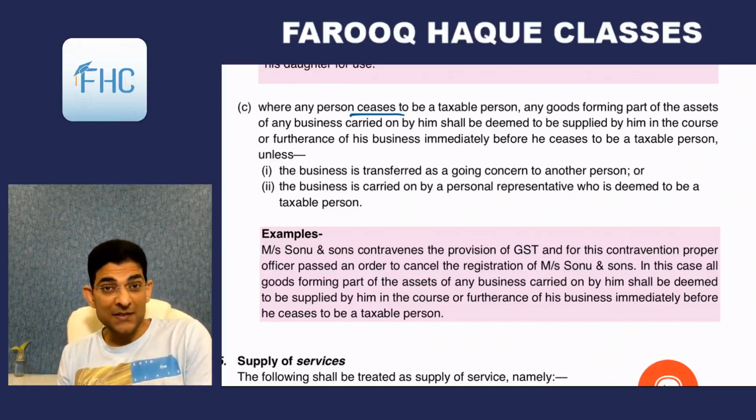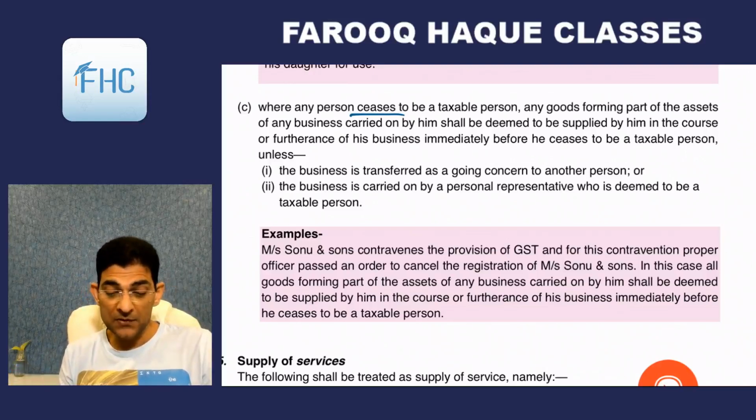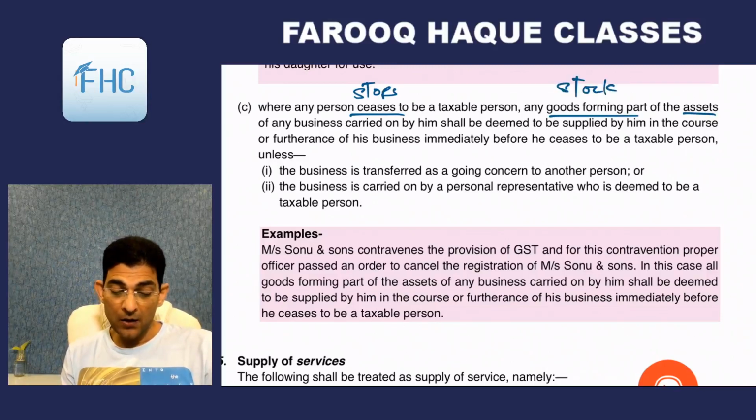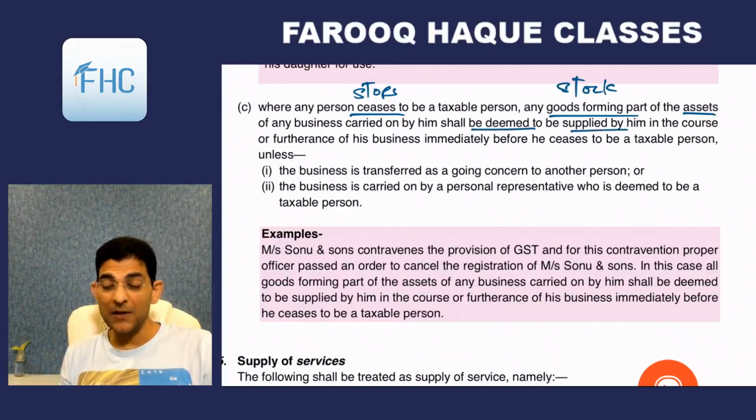So where a person ceases to be a taxable person, ceases means stops. Okay. Any goods forming part of the assets means stock in trade, the stock which I possess, of any business carried on by him shall be deemed to be supplied by him. Deemed to be supplied.